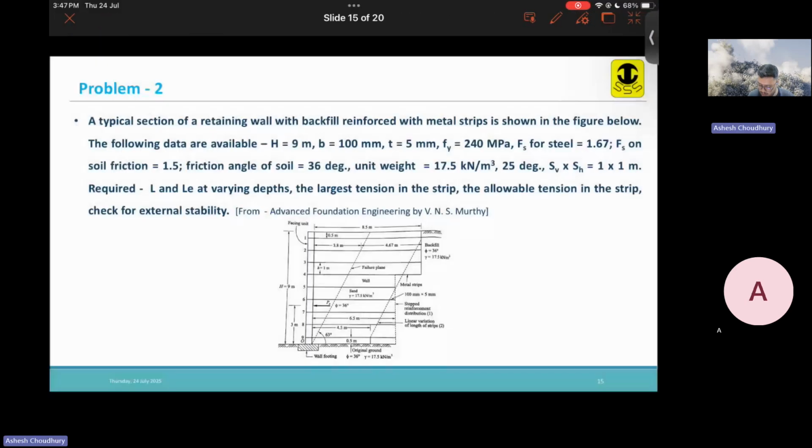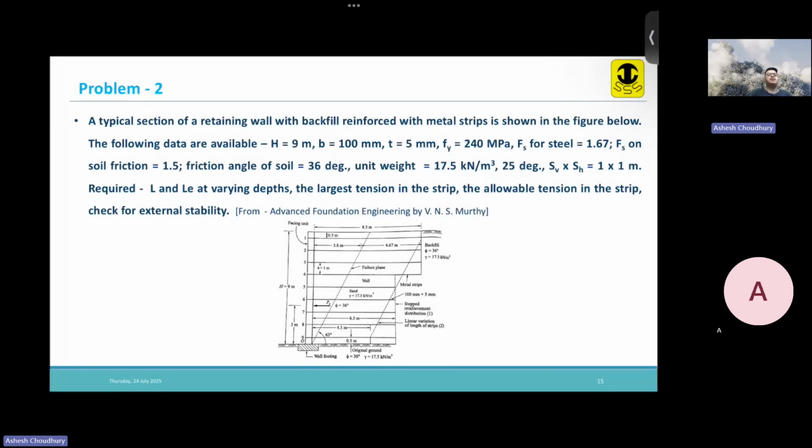Okay, so this is one more problem. A typical section of a retaining wall with backfill reinforced with metal strips. So now we are using metal strips for reinforcement.